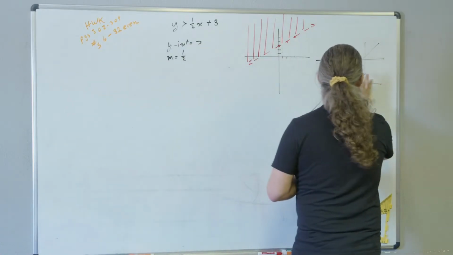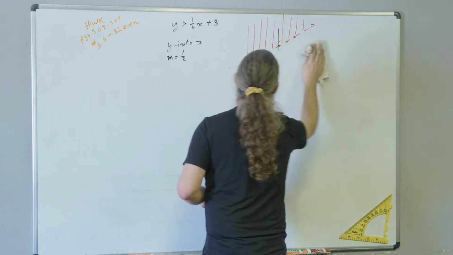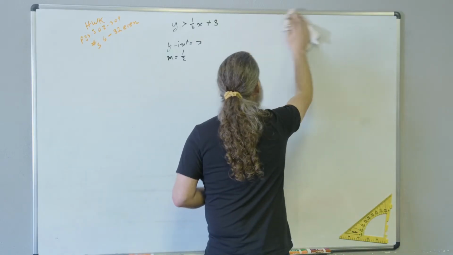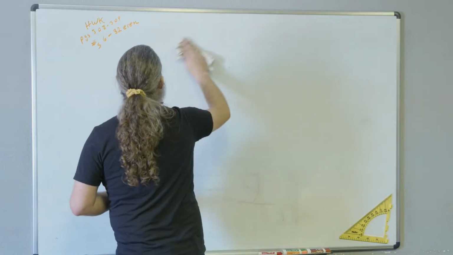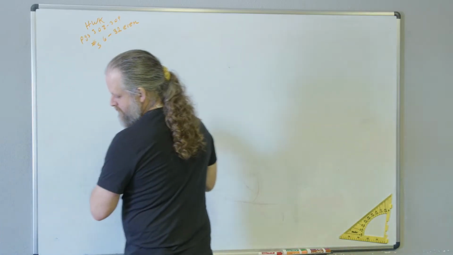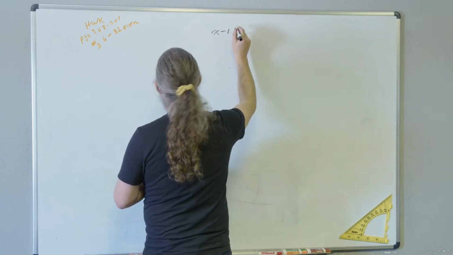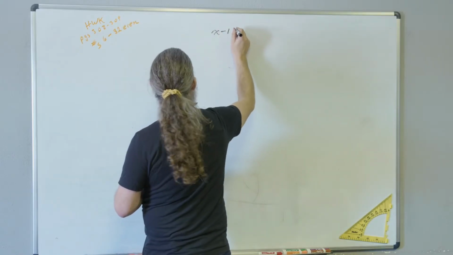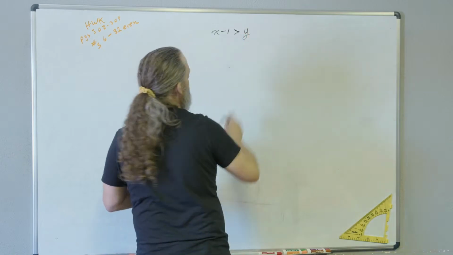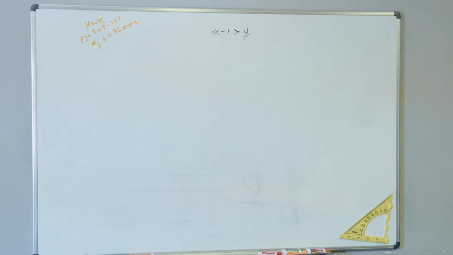Let's do another one. X minus 1 is greater than y. What do we need to do? We need to turn it into slope-intercept form.